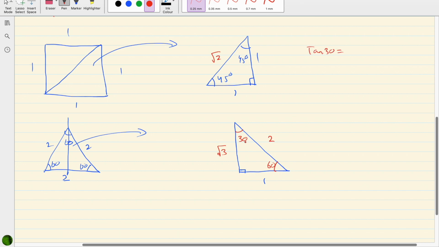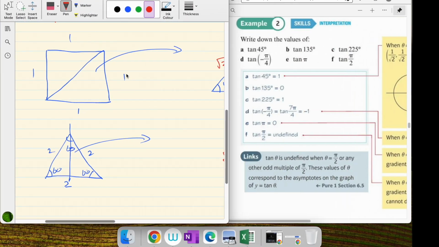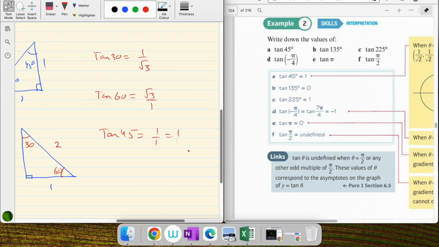I can see at 30 perpendicular over base is 1 by square root 3. Tan 60, at angle 60 perpendicular over base is square root 3 by 1. Tan of 45 from the first triangle is 1 by 1. So we can answer multiple questions using these two triangles.